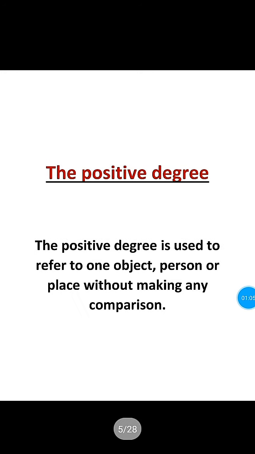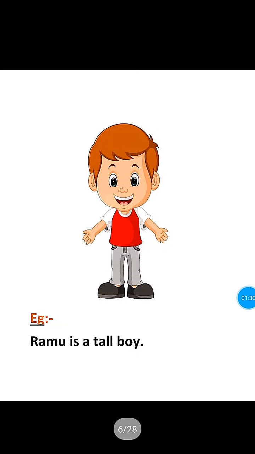First one, the positive degree. The positive degree is used to refer to one object, person or place without making any comparison. That means this positive degree is used for only one person or place or thing, and there is no comparison with another thing. Example, Ramu is a tall boy.